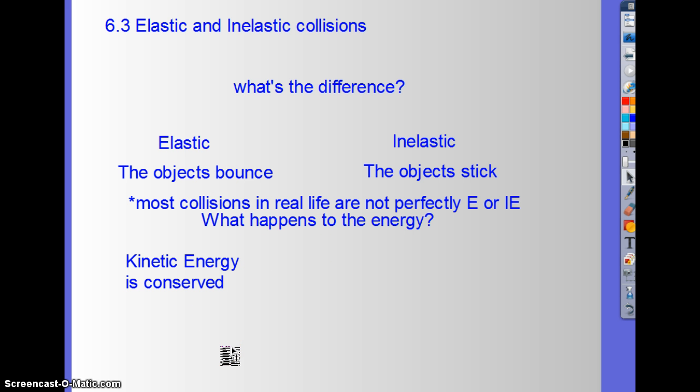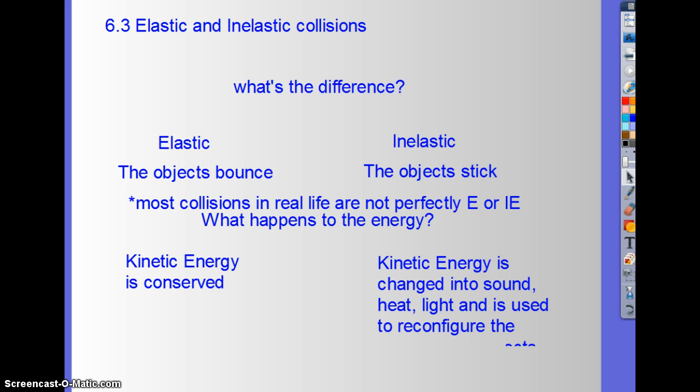So when two things bounce off each other in an elastic collision, momentum is conserved, kinetic energy is conserved, and there's no lasting deformation in the items. With an inelastic collision, the objects stick together, there is lasting deformation, and the kinetic energy is not conserved. It gets changed into sound, light, heat, and it's also used to reconfigure the atoms of the object.